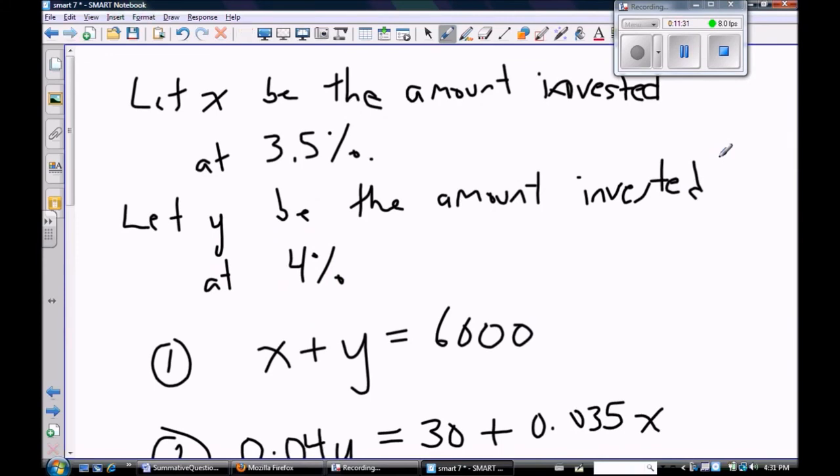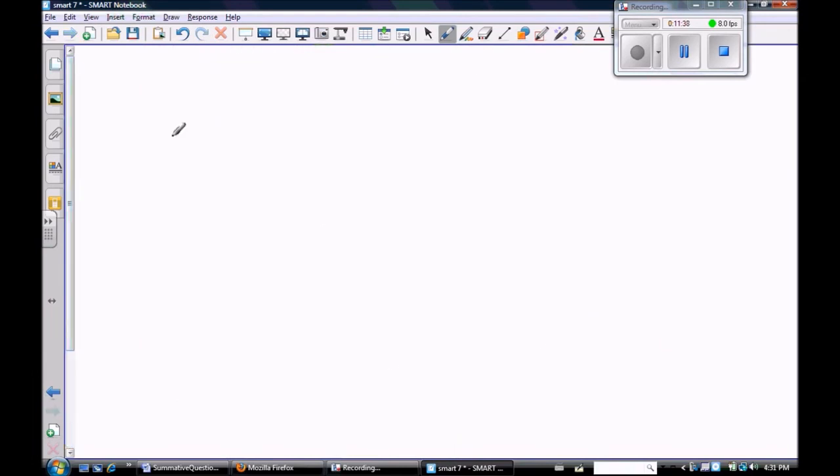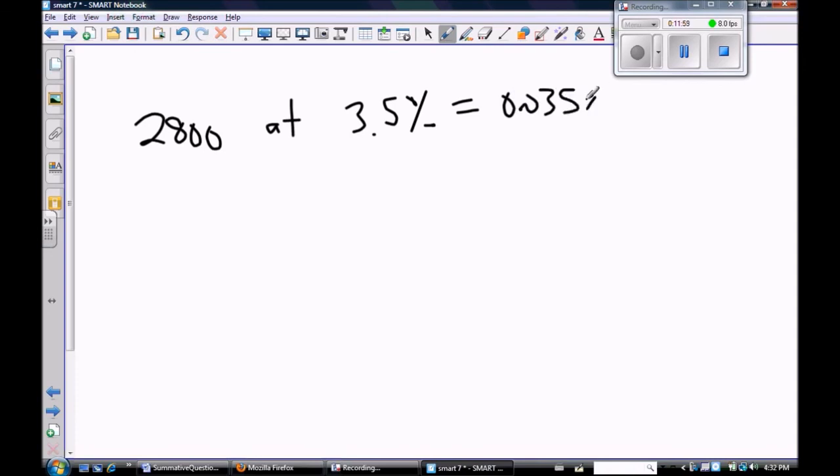So we know that Ken invested $2,800 at 3.5%. Let me just fix my spelling boo-boo. So $2,800 at 3.5% equals, so you're going to do 0.035 times 2,800. So 98 bucks.